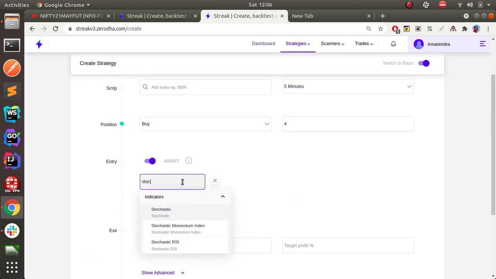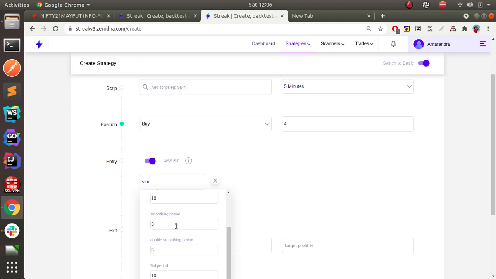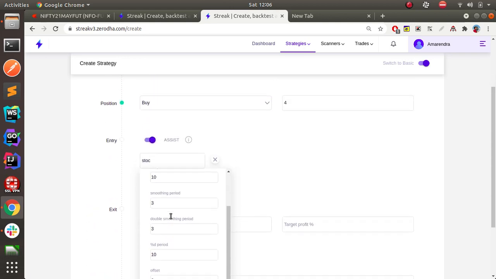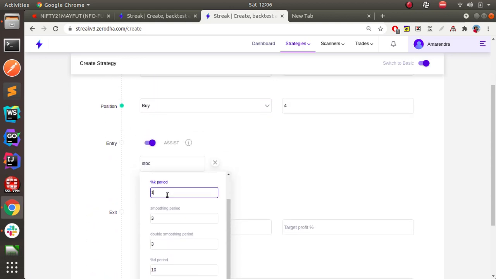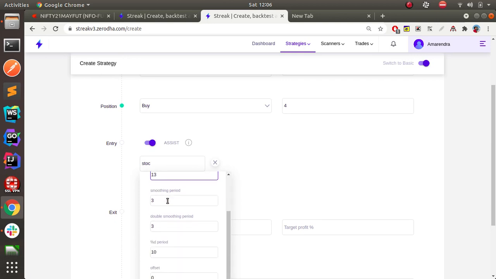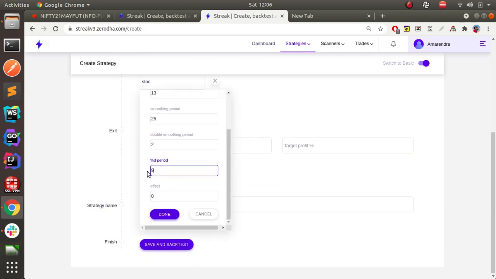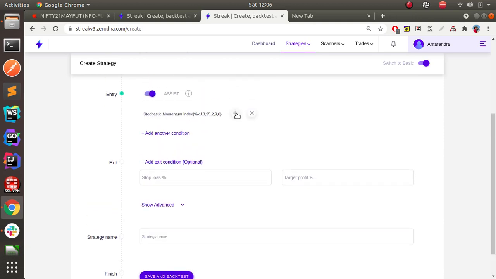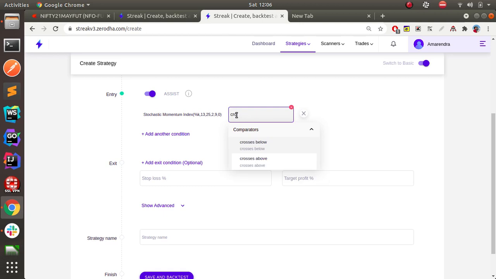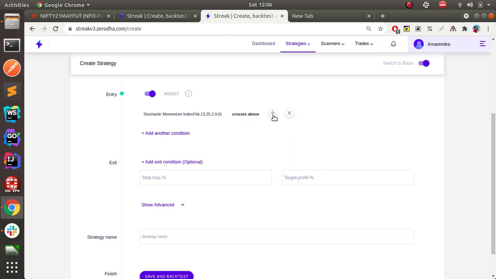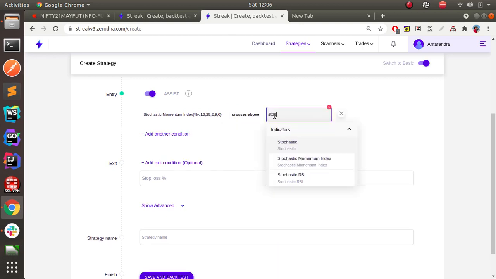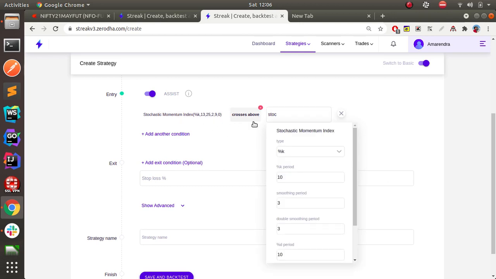Now for the stochastic momentum index, as I told you, we need to change these values to our customized ones, which are 13, 25, 2 and 9. This green one should cross above the red one.